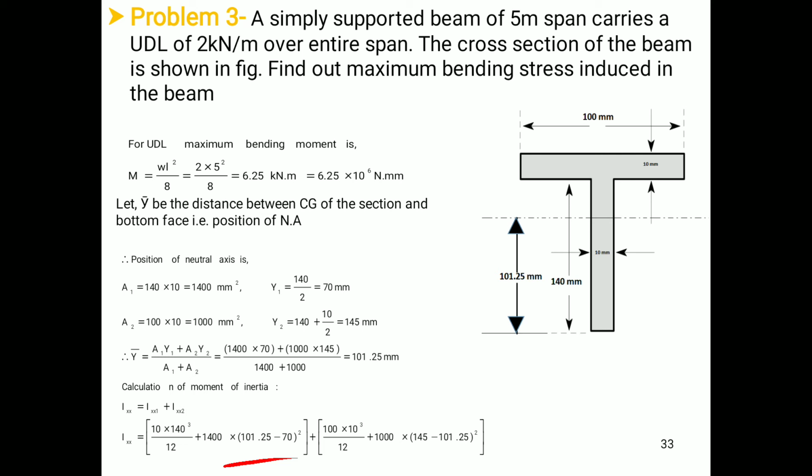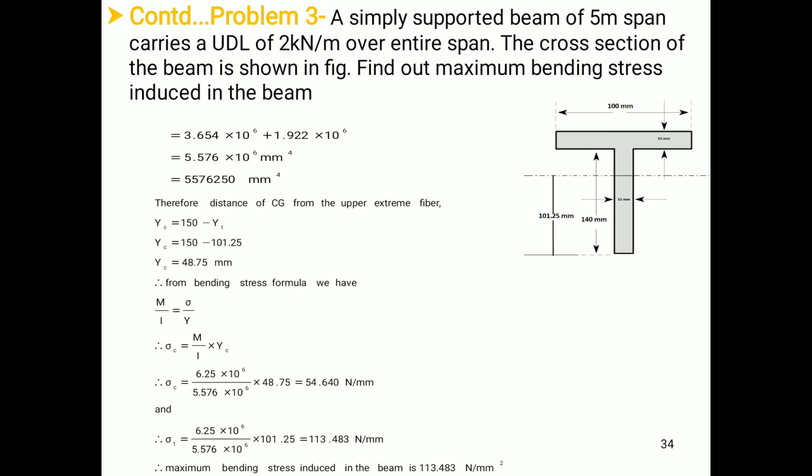In the same manner, Ixx2 is equal to 100 into 10 cube upon 12 plus 1000 into (145 minus 101.25) square. On putting the values of all those quantities, I have the final moment of inertia as 5.576 into 10 raised to 6 mm to the power 4.